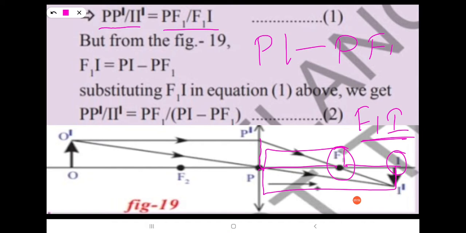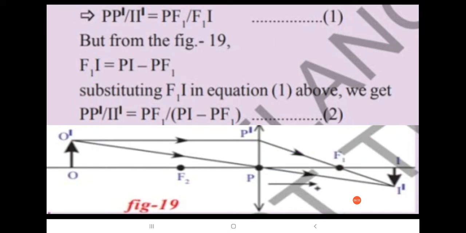Then we get the distance between F1 and I. So we can write simply F1I equals PI minus PF1. Now substitute this value in equation 1. We get P dash by I dash equals PF1 by PI minus PF1. Instead of F1I, we are writing this value. Take this as equation 2.